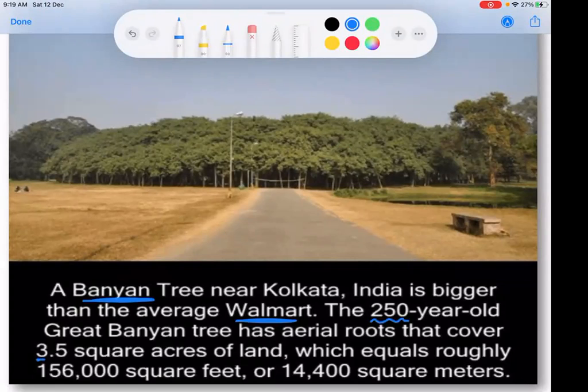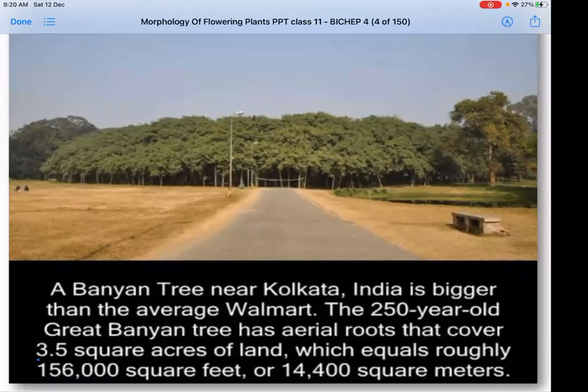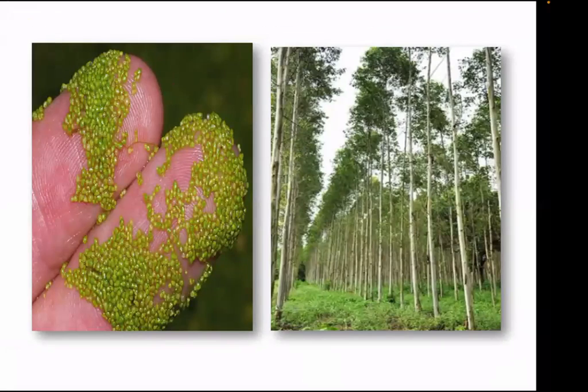And it covers 3.5 acres of land, which is roughly 14,400 square meters. So it is covering a very huge area. So it is by size, not by height. By width, it is covering a huge space. Please take the screenshot of this slide and this slide as well.